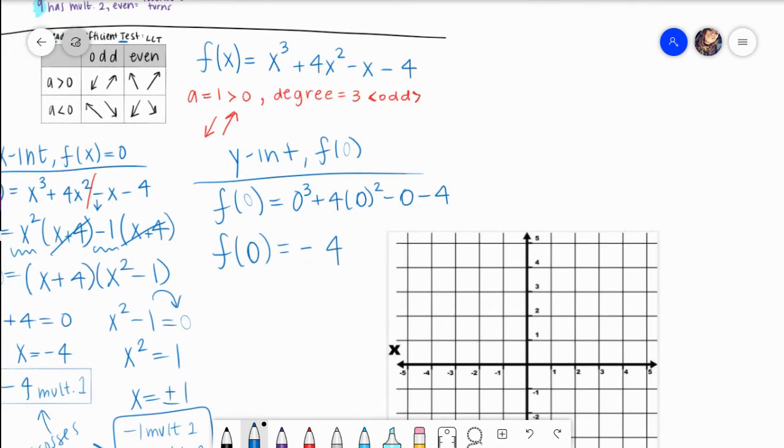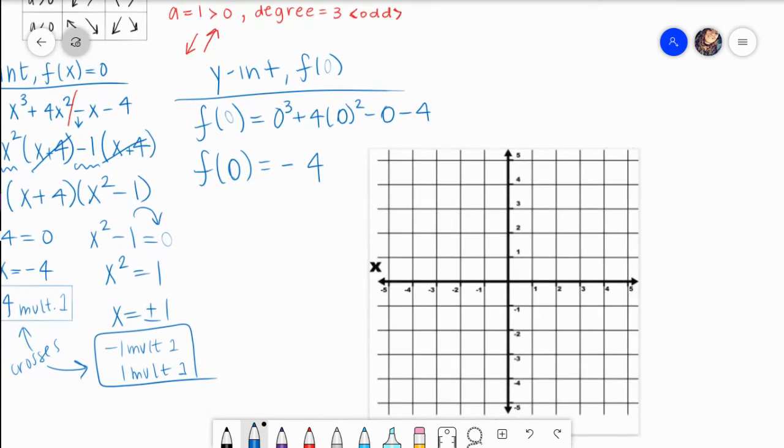So what do we know? Let's start up here with my a equal to 1, which is greater than 0. That helped me figure out that it was going to fall to the left and rise to the right because my degree was odd. This is what you do whenever you learn fall and rise.